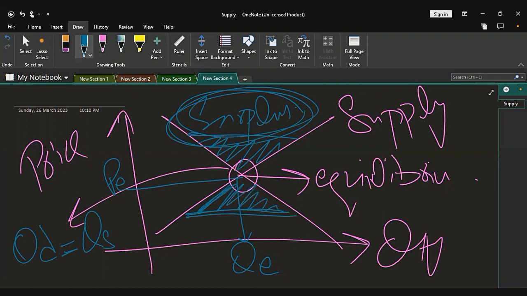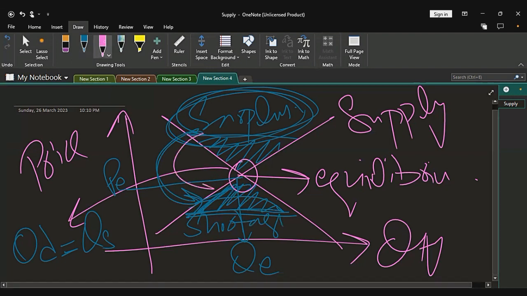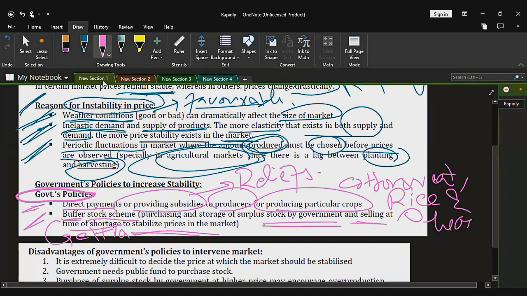This is a level where there is a shortage in the market. Government can sell these surplus goods to the same market when there is shortage. So in this case, the price instability can be covered through this government buffer stock scheme.